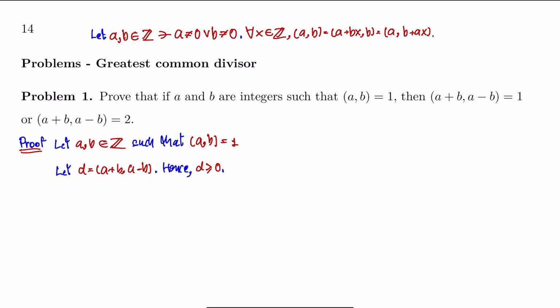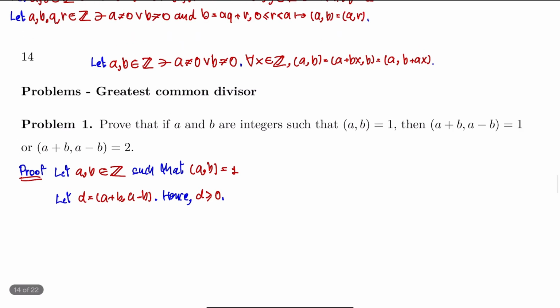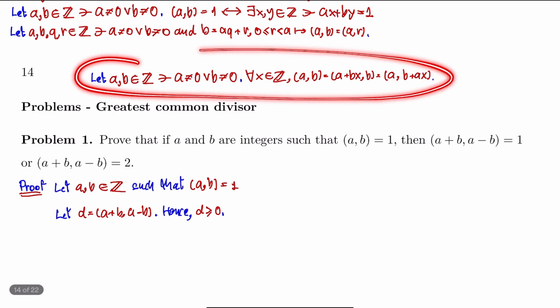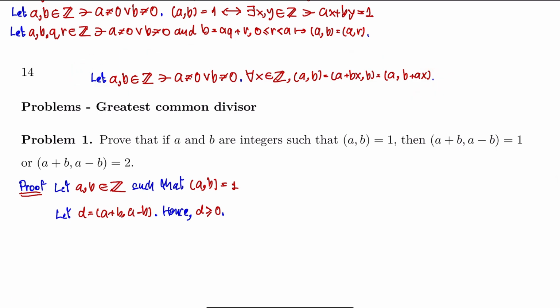So the thing that I want to do is apply this theorem, which is that the greatest common divisor of a and b is the greatest common divisor of a plus bx and b, equal to the greatest common divisor of a and b plus ax, where x is any integer.